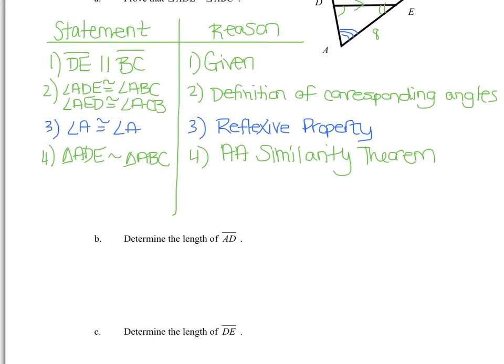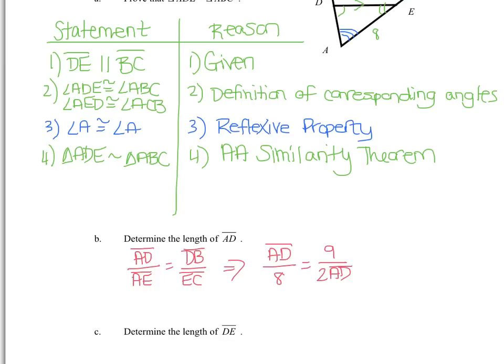So I'm going to have AD over AE is proportional to DB over EC. Now, what do we know of that? We don't know AD, that's what we're trying to find, but we know that AE is 8, we know that DB is 9, and we know that EC is 2AD.